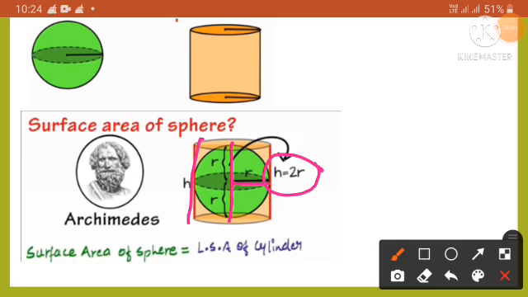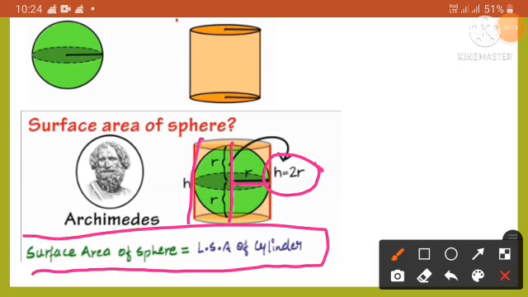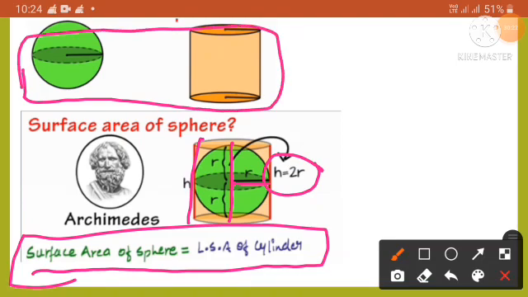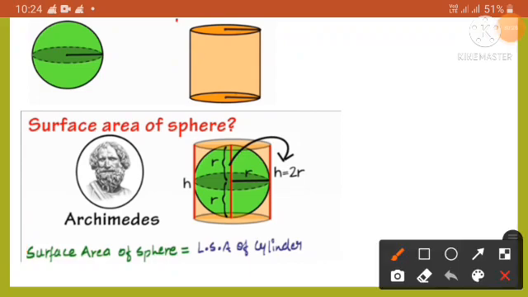Now Archimedes has already told that the surface area of the sphere will be equal to the lateral surface area of the cylinder if the radius and height of these two figures are the same.